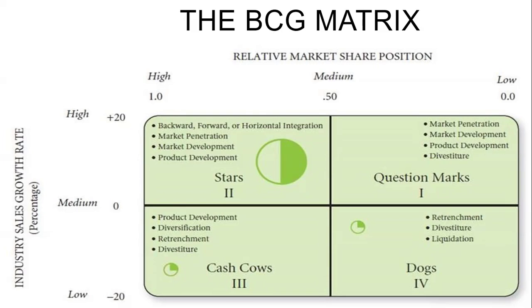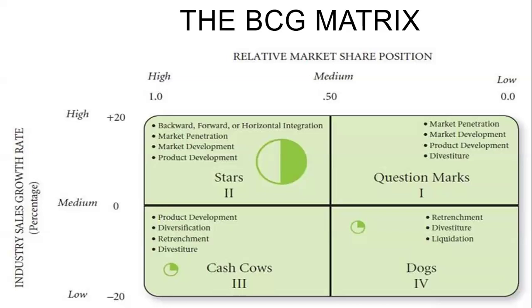Now, when a business unit is characterized as question marks, what does that mean? It means that such a particular business is experiencing high market growth rate, but low relative market share.